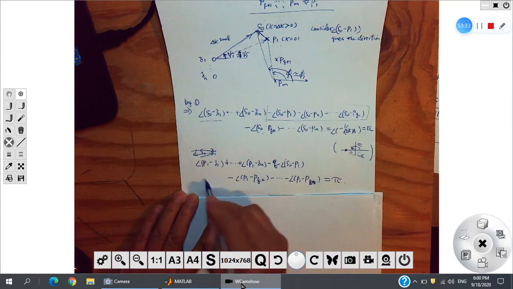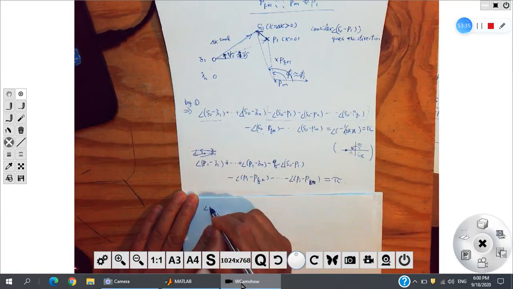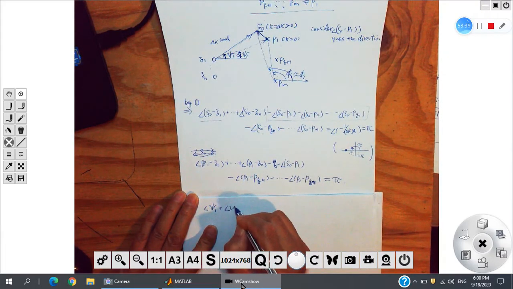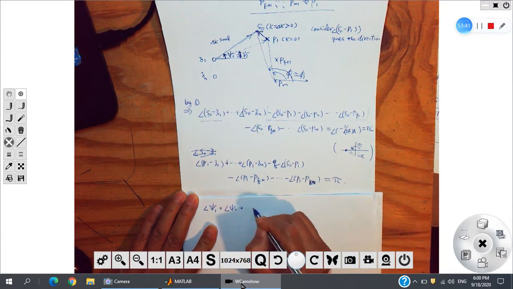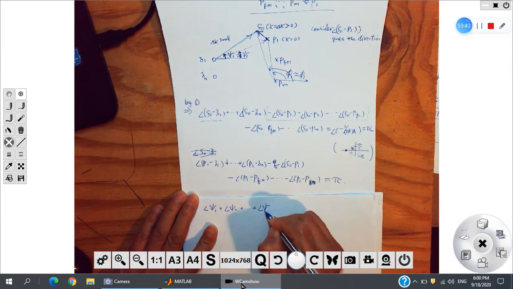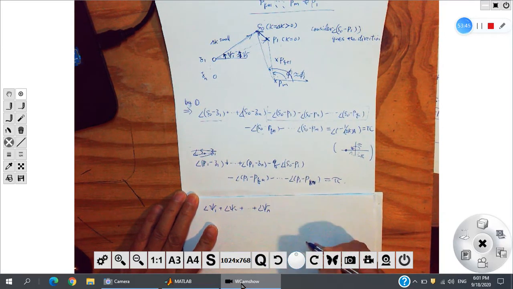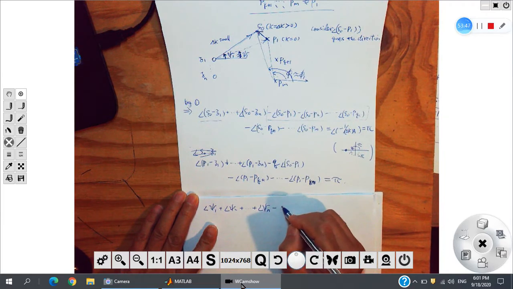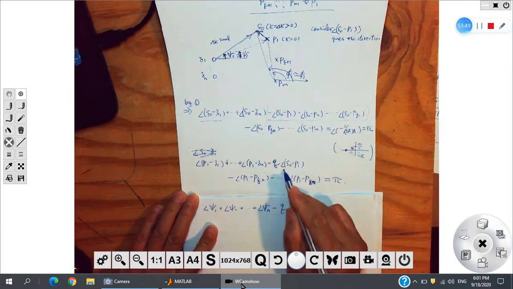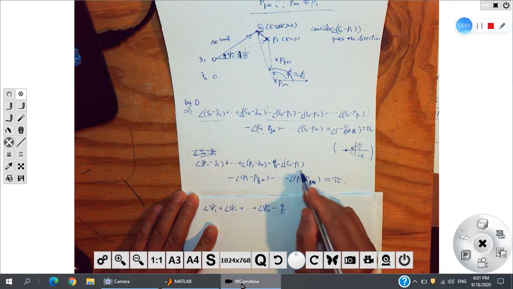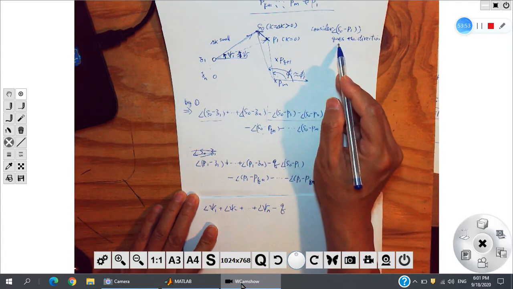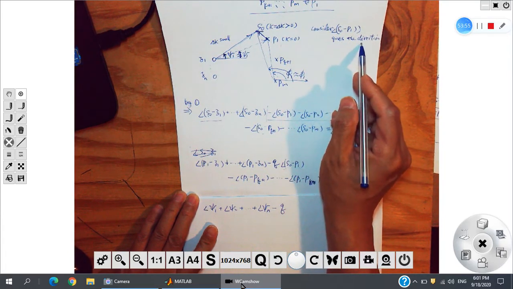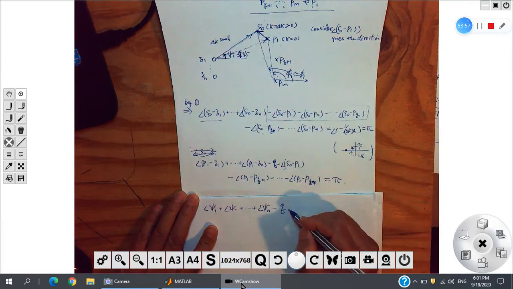So I have angle phi 1 plus ver phi 1, angle ver phi 2, until angle ver phi n, minus q. Okay, this is the direction. This is the angle of the departure direction, right? Yeah. Okay, I still keep this.